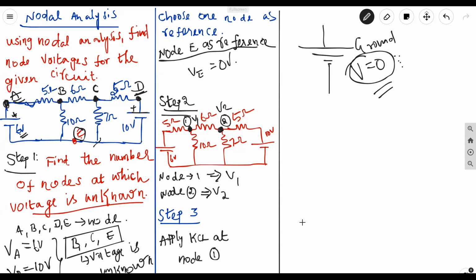Vaisali, tell me, what is KCL? Define KCL, Kirchhoff current law. Vaisali, respond. Hello, are you available? My voice is audible. Yes, sir. Vaisali, respond. I'm asking you only. Define Kirchhoff current law.